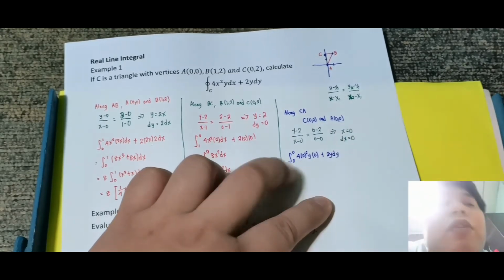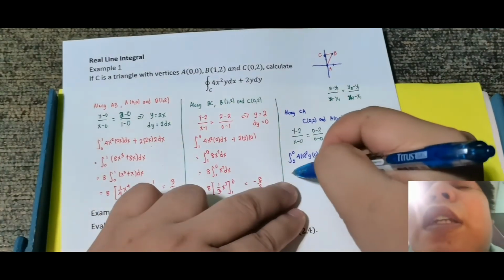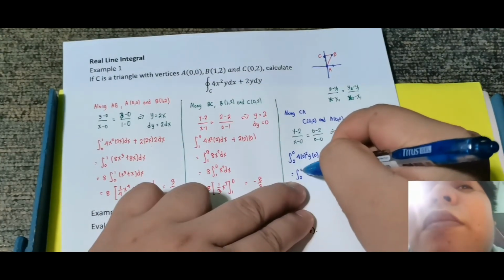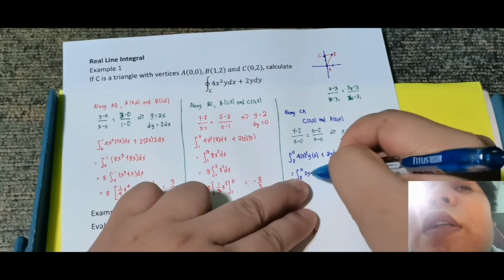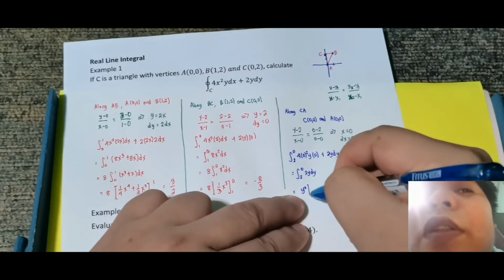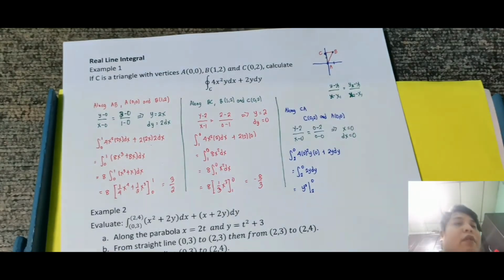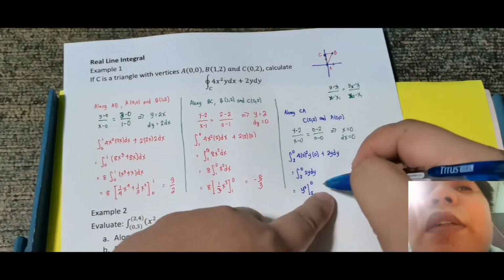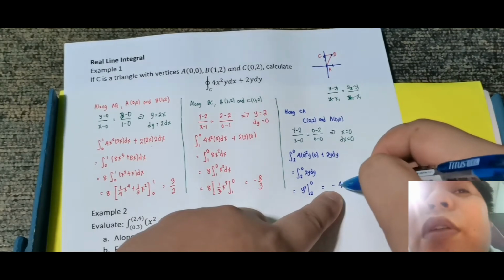So, literal mawawala na to. So ang kinukuha natin na integral is integral ng from 2 to 0 ng 2y dy, which is equal lang sa y squared, then from 2 to 0. Okay, so therefore that is equal sa negative 4, I think.